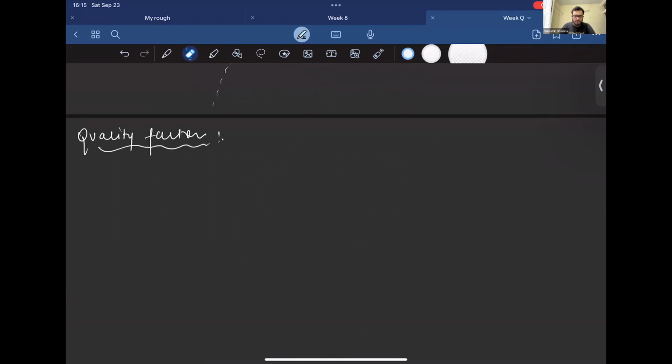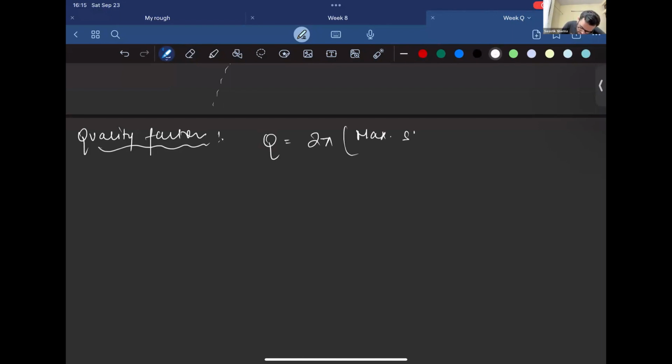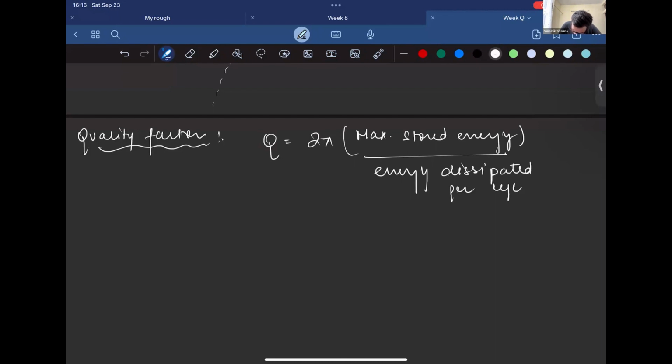For those we usually calculate the quality factor, which is Q, equal to 2 pi times the maximum stored energy upon the energy that it dissipates per cycle, right? So that's how we denote our quality factor.